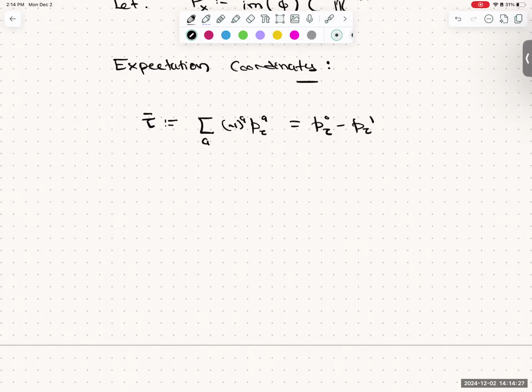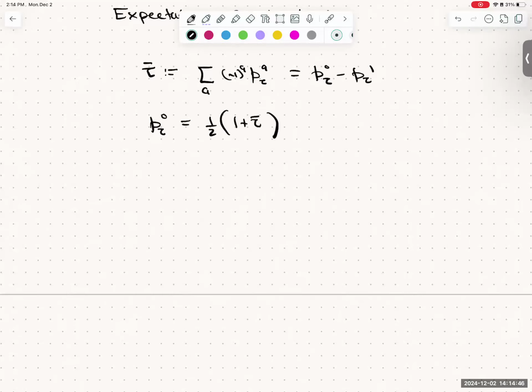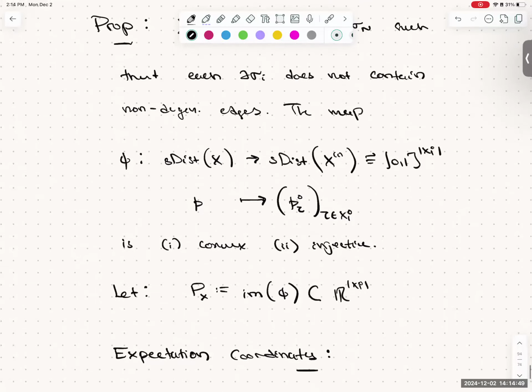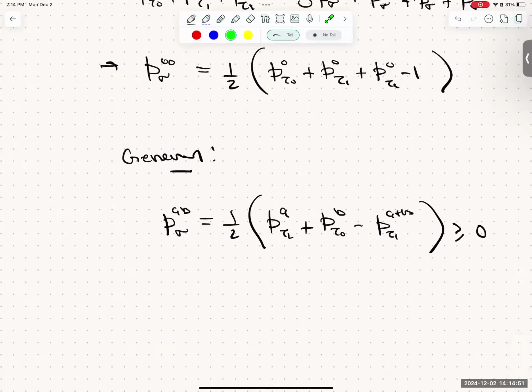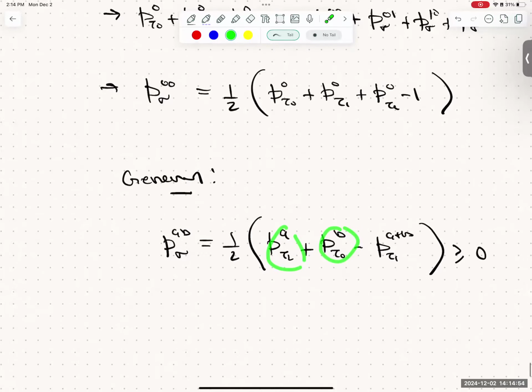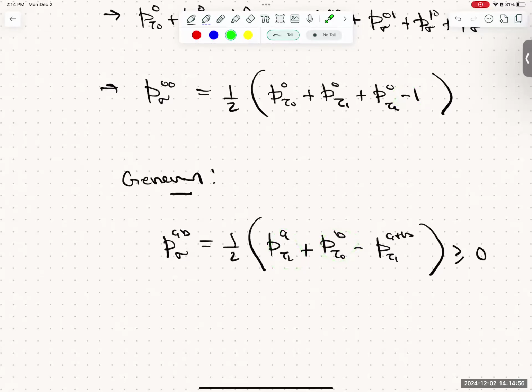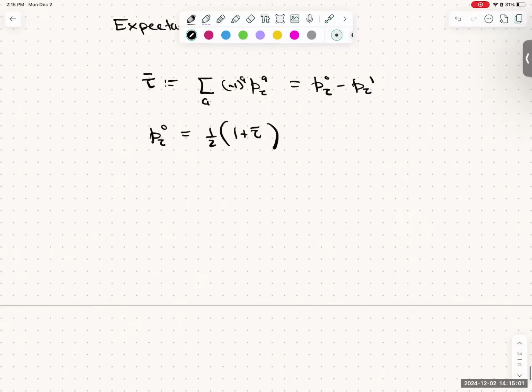Conversely, p tau 0 is 1/2 times (1 plus tau bar). There's a very easy relationship between the two. But what's nice here is that in the expression above, you have 3 probabilities, but sometimes the constant term is -1, sometimes it's +1. It's a little bit of a complicated formula.